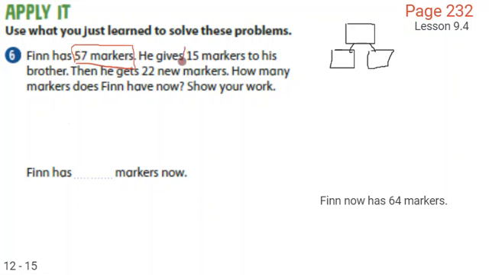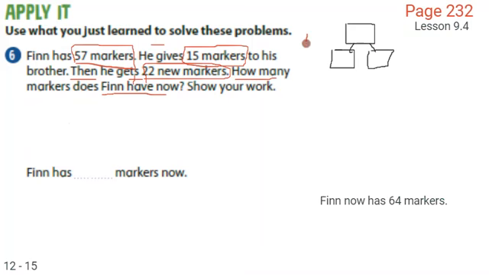He gives 15 markers away to his brother. So he's subtracting that. Then, underline, he gets, addition, 22 new markers. How many markers does Finn have now? So we're looking at how many Finn has now. Show your work. All right.